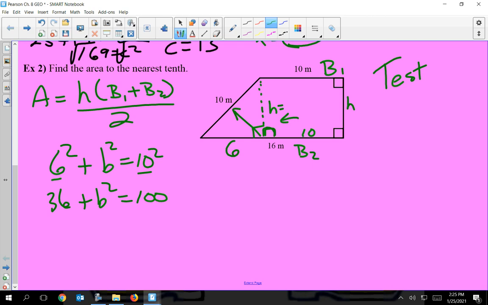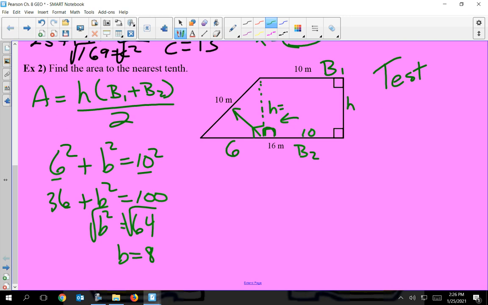So I'm going to subtract 36 from both sides, which gives me 64. Take the square root of both sides, and I get 8. Okay, so if you know that list, then you can do some of that, or hey, I know it should be 8 right off the bat, but doing the math wasn't too tough.